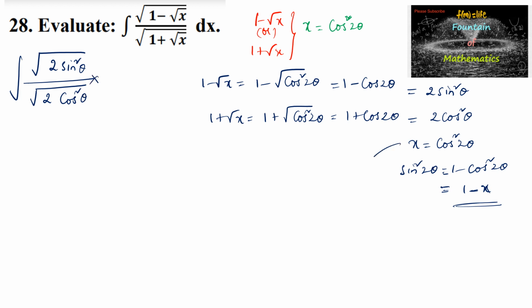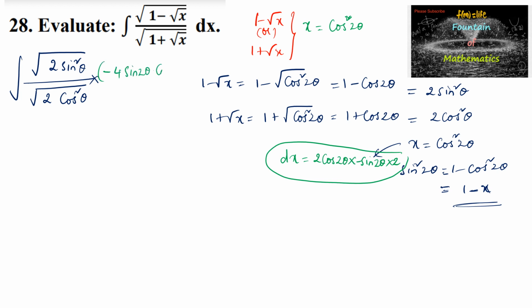Whenever x is equal to cos square 2 theta, differentiating, we'll get dx is equal to 2 cos 2 theta into differentiation of cos, which is minus sin 2 theta, into differentiation of 2 theta, which is 2. So we can write minus 4 sin 2 theta into cos 2 theta d theta.